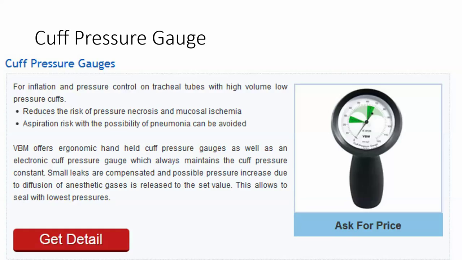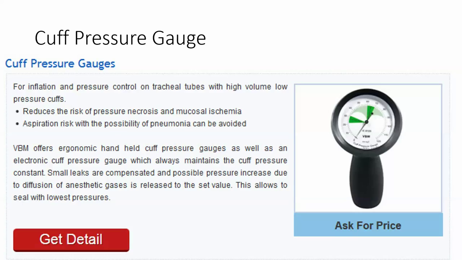So as the slide depicts, the purpose of a pressure gauge is to measure the pressure and control it in high volume, low pressure cuffs. The use of low volume, high pressure cuffs is not recommended, although some tubes function that way.